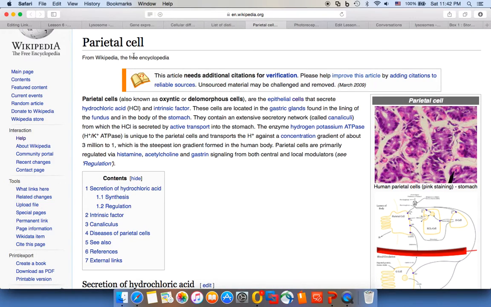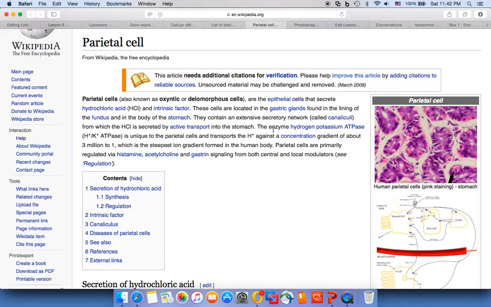The parietal cells, okay, these are the cells that are in the stomach, in the gastric glands, and they actually produce hydrochloric acid. Hydrochloric acid is very strong. And it's interesting, just reading here, I found that they have a specific enzyme.